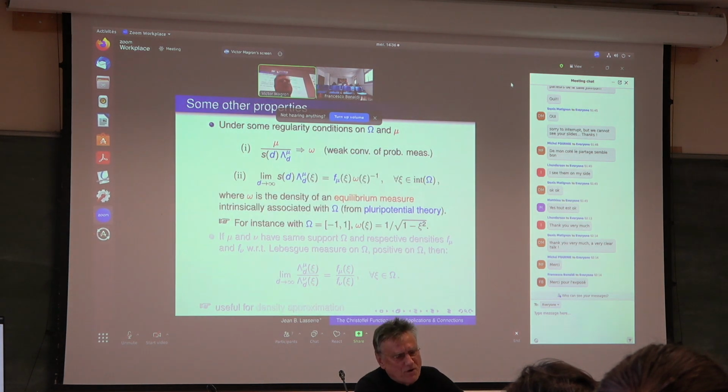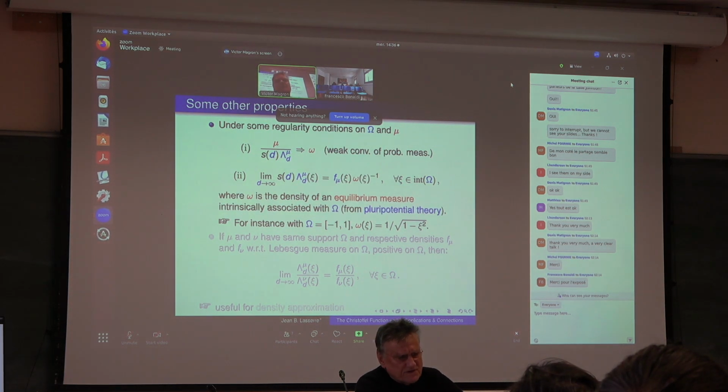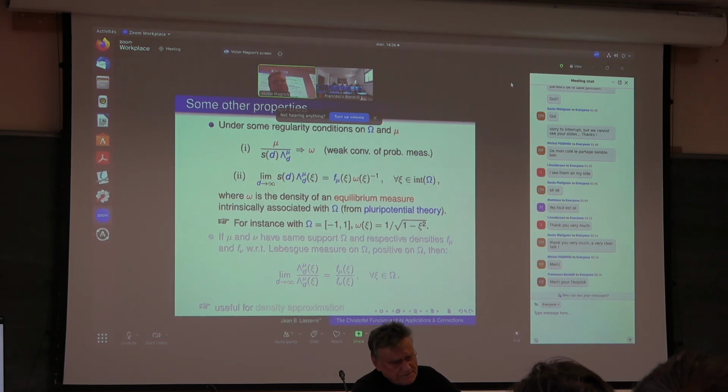There are some other nice properties of the Christoffel function. I will not go into details, but this is not the only property. You have nicer, more tricky properties, which require more sophisticated arguments to show, and some assumptions also. So, for example, when you scale your Christoffel function lambda mu d by this scalar s of d, then you can show that the measure nu with density this rational function converges to what is called the equilibrium measure.